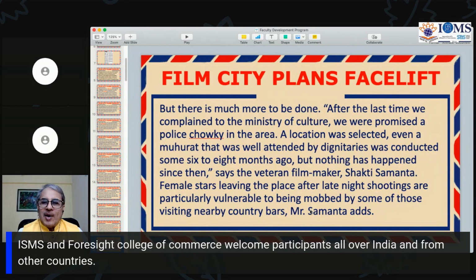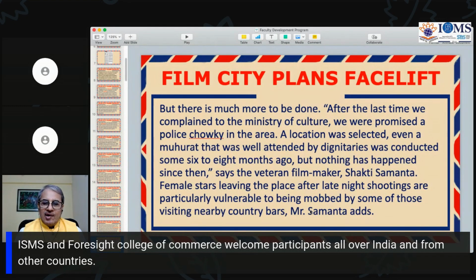This is a sixth paragraph. After the last time we complained to the Ministry of Culture, we were promised a police chowki in the area. A location was selected. Even a Muhurat that was well attended by dignitaries was conducted some 6 to 8 months ago, but nothing has happened since then, says the veteran filmmaker Shakti Samanta.